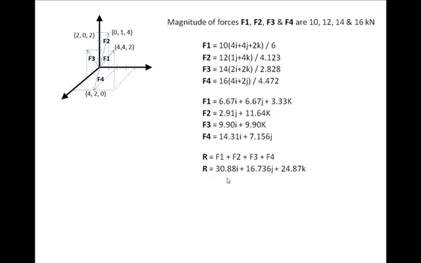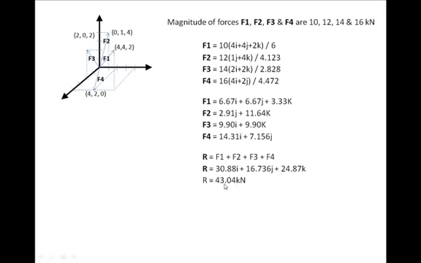So this R, which is 30.88i plus 16.736j plus 24.87k, is the resultant of all these forces together, and since the forces pass through the origin, this resultant also passes through the origin.